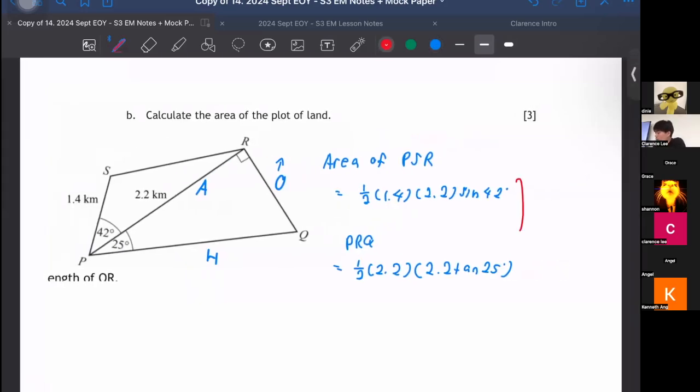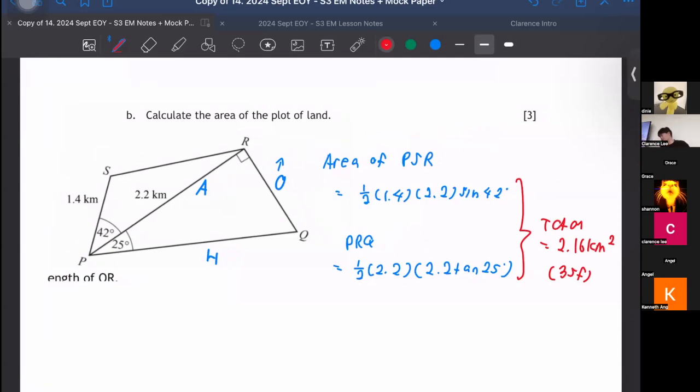You add both up together, that will give you my total area, which will be 2.16 km squared, 3SF. Like that, so you can write this plus this, you'll get the answer. It's fine. Then afterwards, I move on to the last question, I think that's what everybody is worried about.